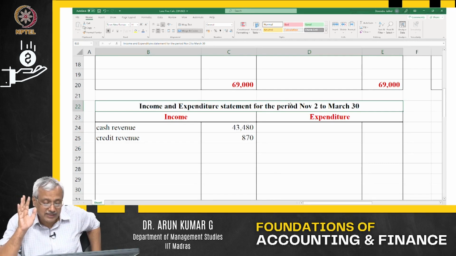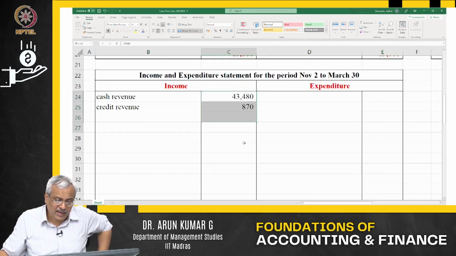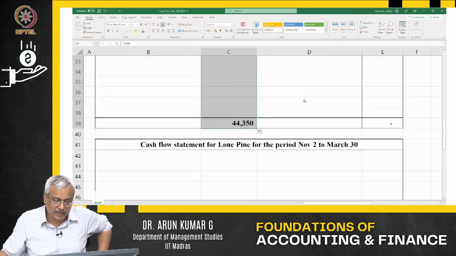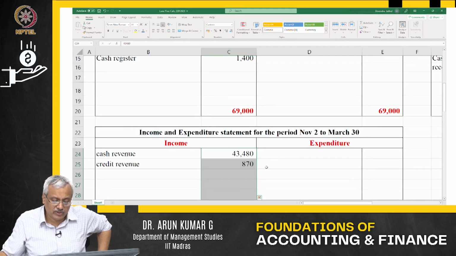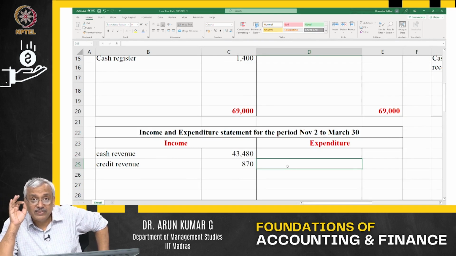These are my total revenue, and I add them up. 44,350 is the total revenue that I have.